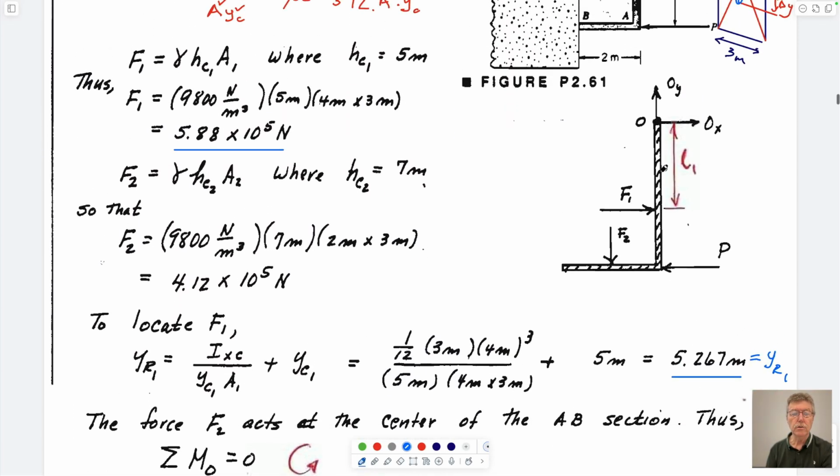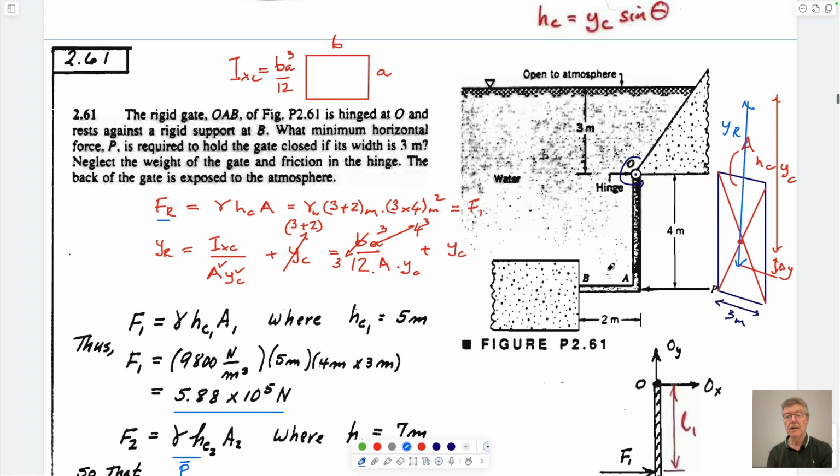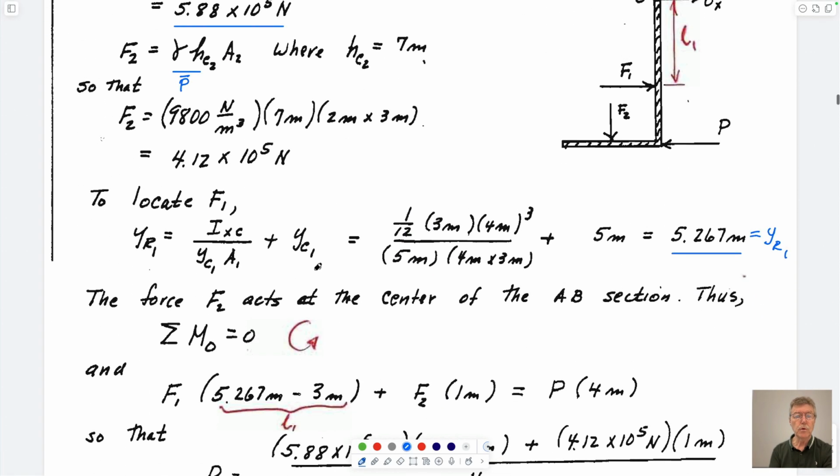And so the force, again, is going to be the average pressure that's acting. P bar is the unit weight times the depth below the surface. H sub C is going to be 3 meters plus 4 meters, so it's going to be 7 meters, which is what this is.